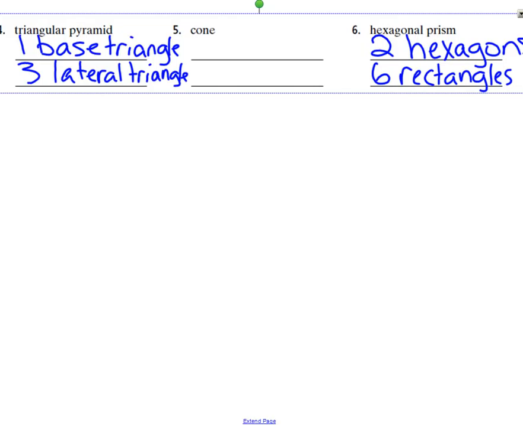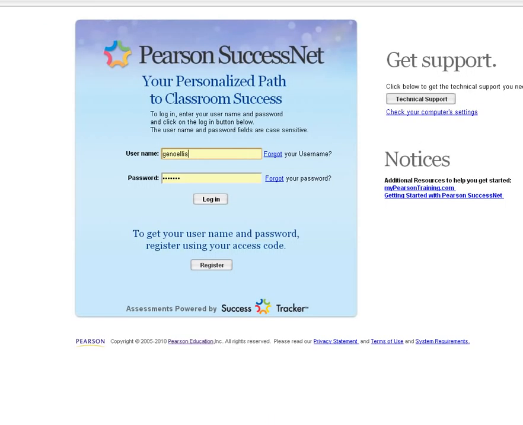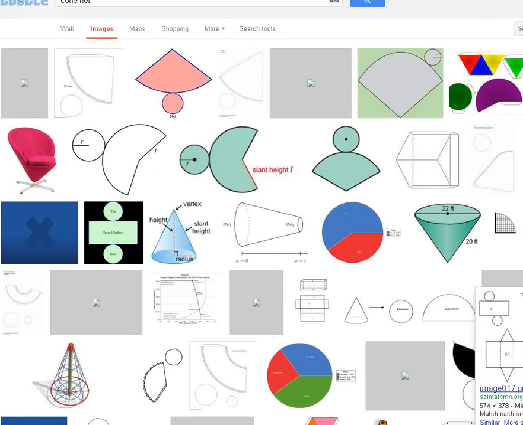Number 5. This one's a little bit different. This one does have 1 circle. And the rest of it is not really a shape that we have a name for. But we could make it. Would it be like a curved triangle? Yeah, like that. But a curved triangle or a Pac-Man are not names of shapes.